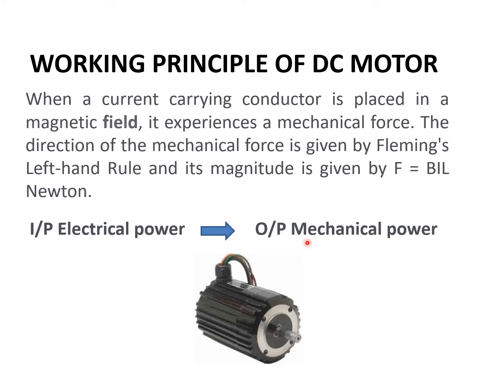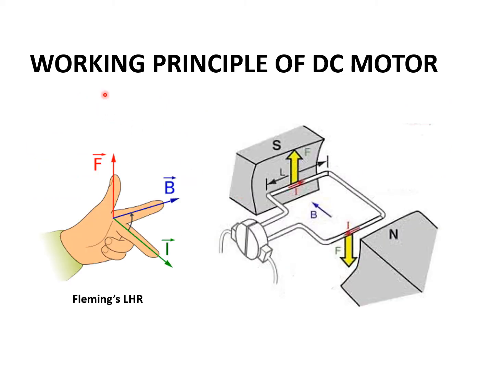To discuss the working principle of the DC motor further, this is a DC motor. We place here the north polarity and the south polarity, the two field poles. The flux completes its path from north to south.